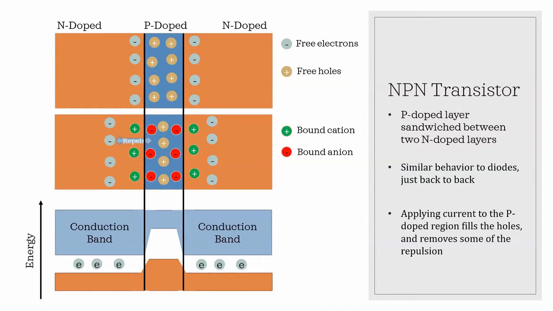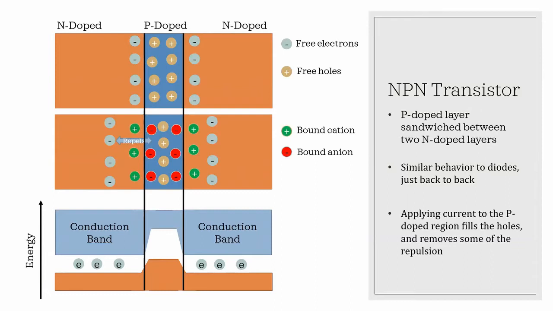So what we would need to do instead is inject a current into the central p-doped region to include electrons in there to lower that potential energy, and then we can allow the current to flow across the 2 outside edges.